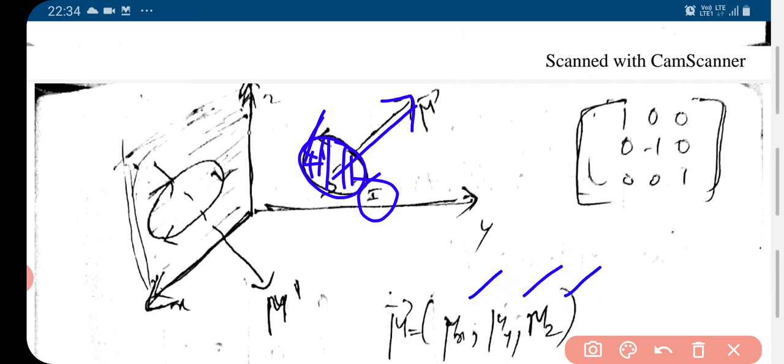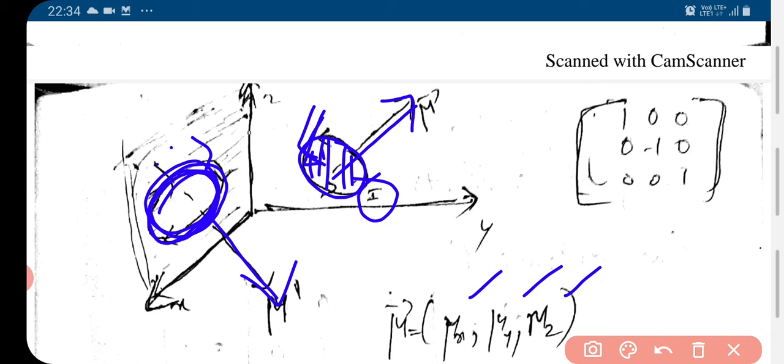Now what happens is, as it undergoes a mirror reflection along the y-axis, a mirror in the xz plane, the current flowing here will be flowing like this. As the current is flowing like this, the magnetic dipole moment will be in this direction.